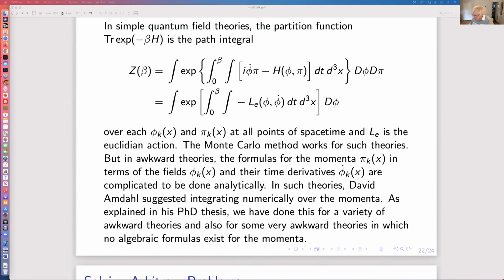David Amdahl, who got his PhD last year or the year before, suggested integrating numerically over the momenta for such theories, and this is explained in his PhD thesis. He and I have done this for a variety of awkward theories and also for some very awkward theories in which no algebraic formulas exist for the momenta. So you can't get anything like this expression here.